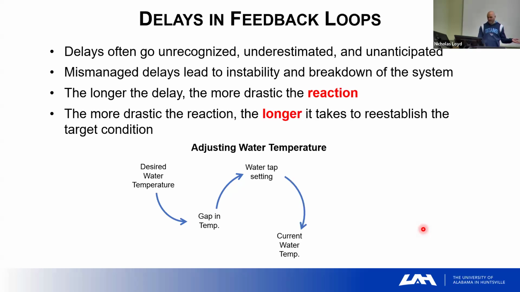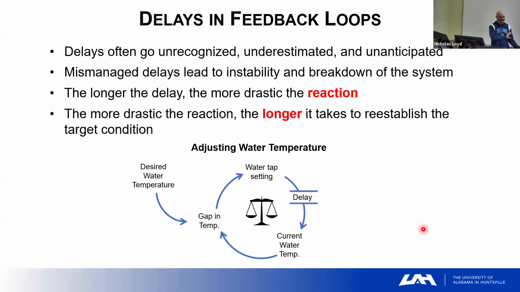And the water will warm up, right? And as it starts to warm up, it changes my perception of the current water temperature. And then that kind of closes the loop until I get it to where I want. But here's what happens sometimes, right? That's a balancing loop. But the minute I turn the water tap, it doesn't instantly always change the water temperature.